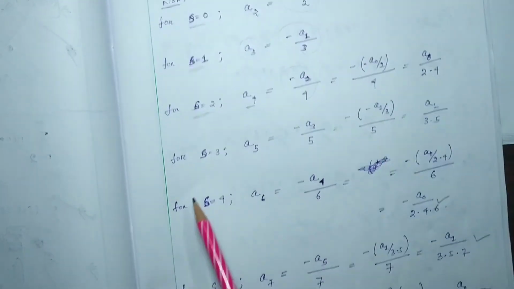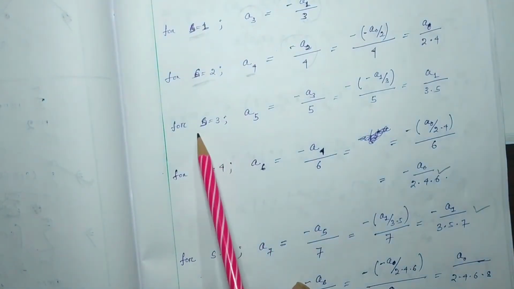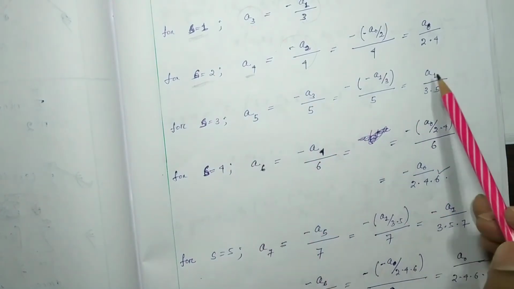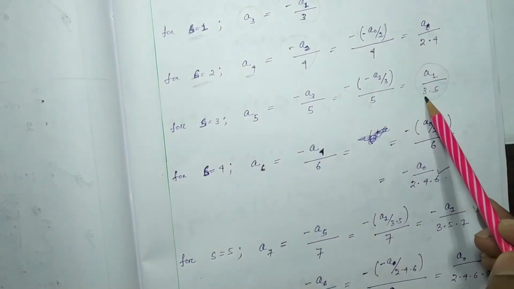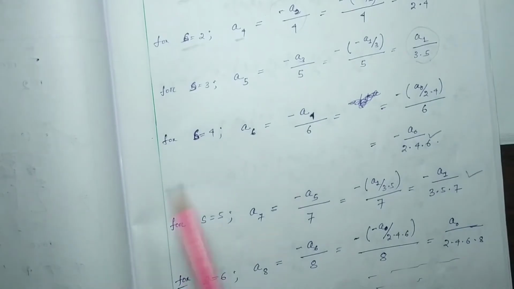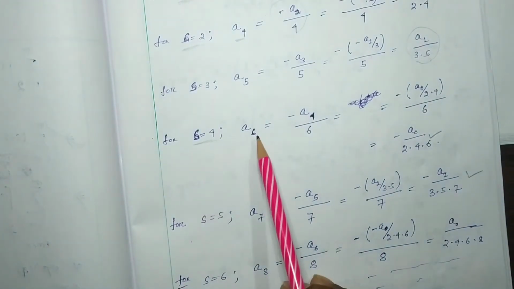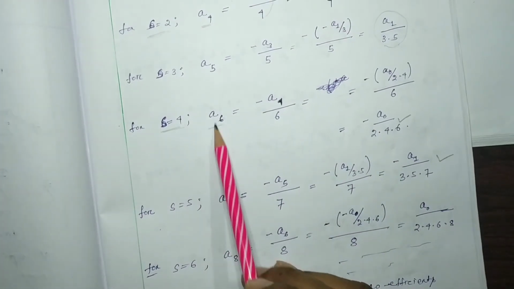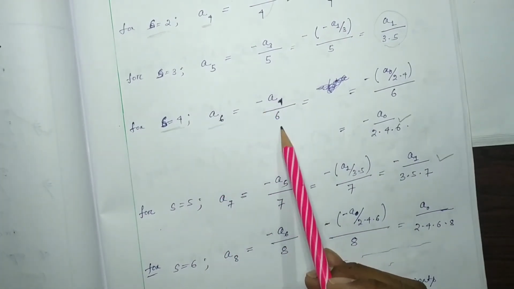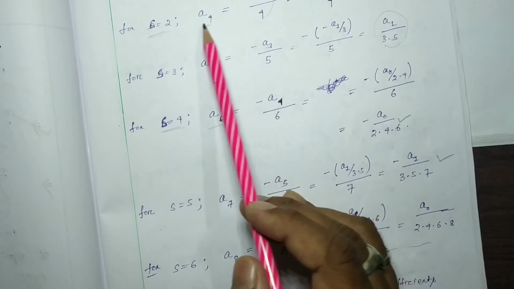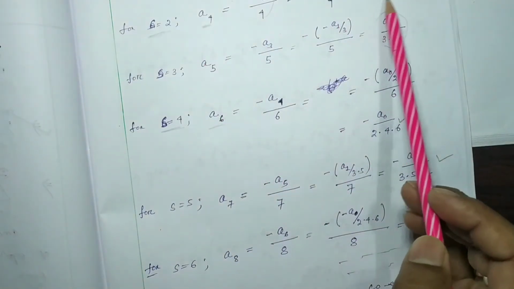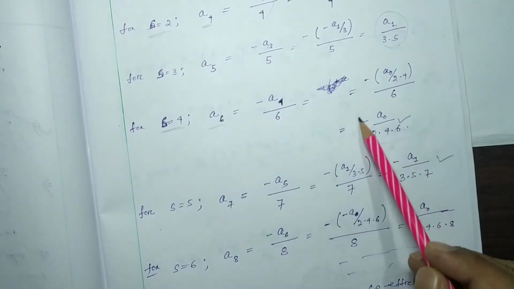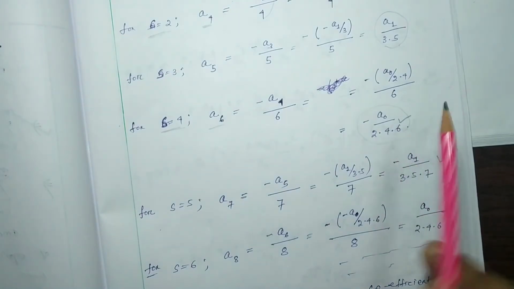Okay, so likewise for s equal to 3, a5 will be a1 by 3 into 5. For s equal to 4, a6 will be minus a4 by 6, and we already got a4 value as a0 by 2 into 4, so we find minus a0 by 2 into 4 into 6.